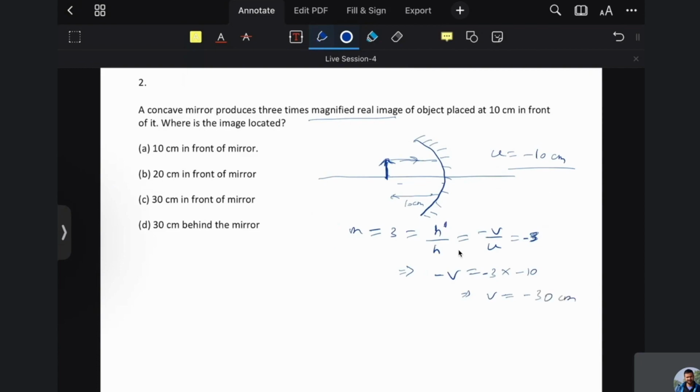So this is the image distance, and this negative sign denotes that it's an inverted image, and it forms at 30 centimeter in front of the mirror, somewhere here. It will be inverted, 3 times the size of this object, at 30 centimeter. So yeah, this one is also an easy problem.